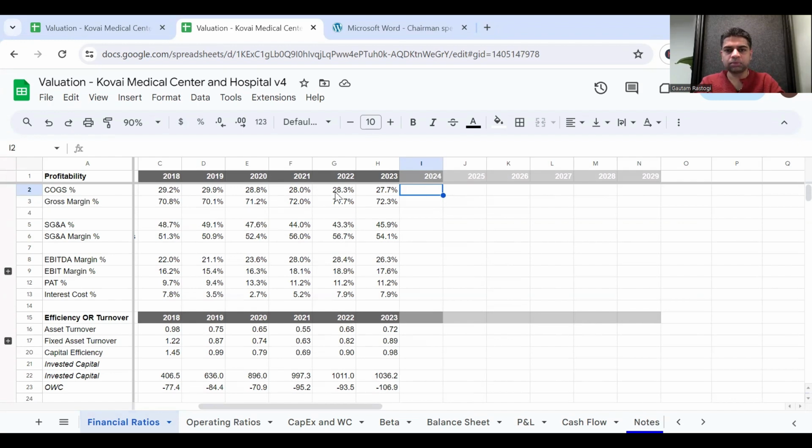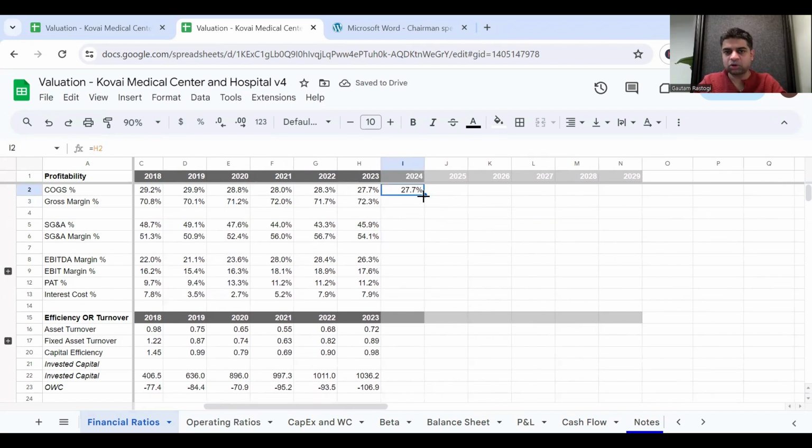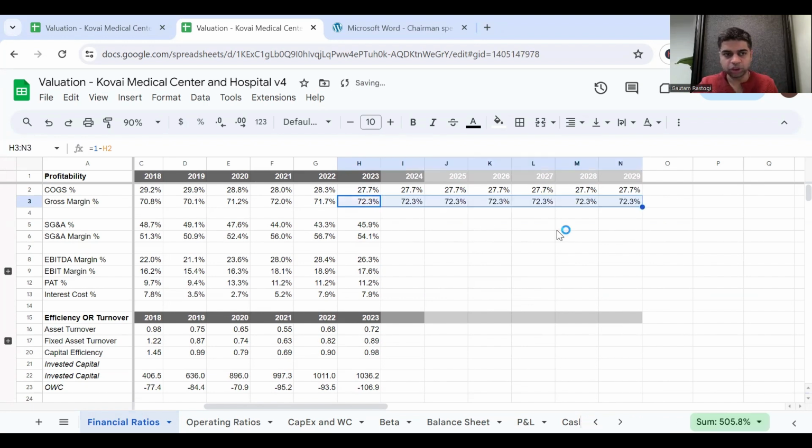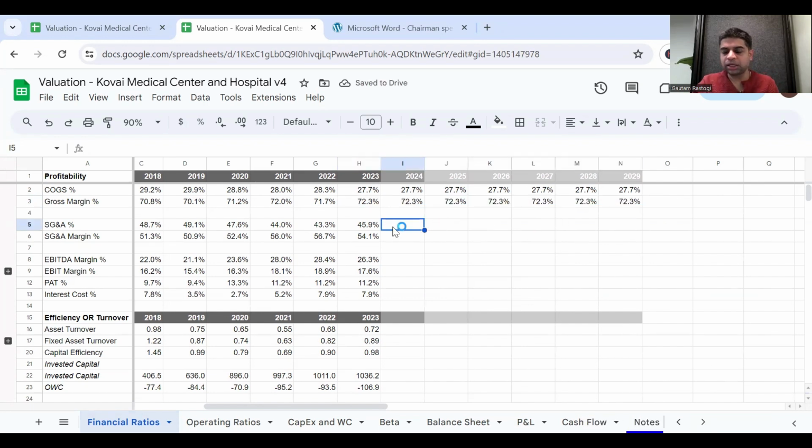For COGS, I'm going to keep it very simple. Just assume the same COGS, cost of goods sold. I'm going to assume the same gross margin in the future. And in fact, I'm going to assume the same SG&A as well.